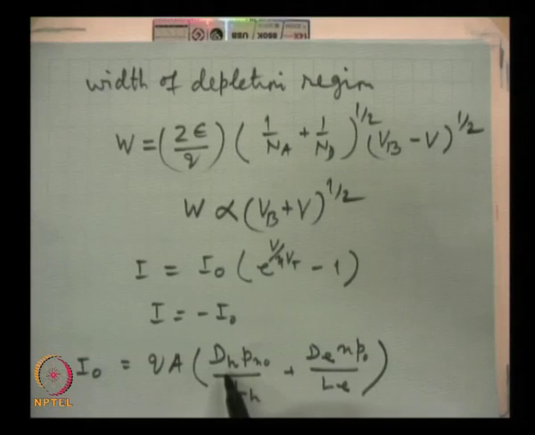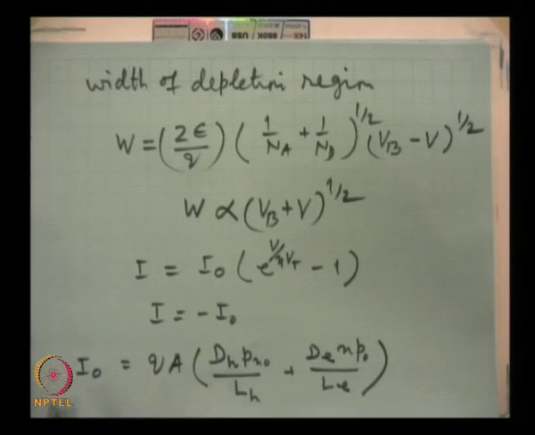Dh is the hole diffusion constant, pn0 is the hole density on the n side, that is the minority density, Lh is the diffusion length of holes, and these are the corresponding parameters for the electron.